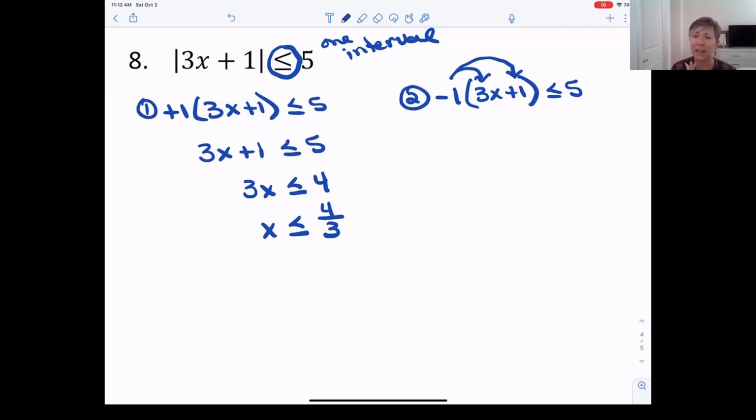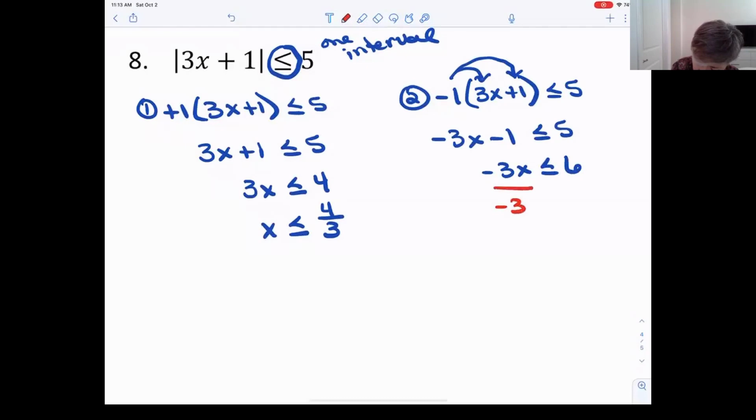Just what's inside that absolute value. So that gives us a negative 3x minus 1 less than or equal to 5. Add 1 to both sides, we get negative 3x less than or equal to 6. But notice here, we have to divide by a negative 3, so that is going to switch our inequality. So that leaves us with x greater than or equal to negative 2.